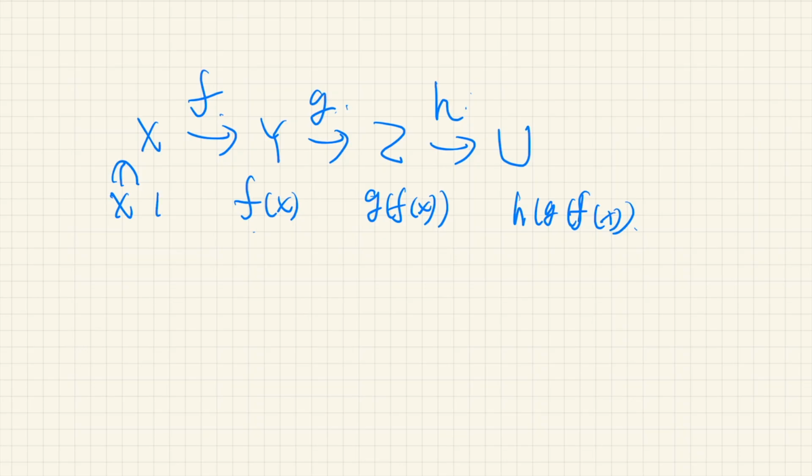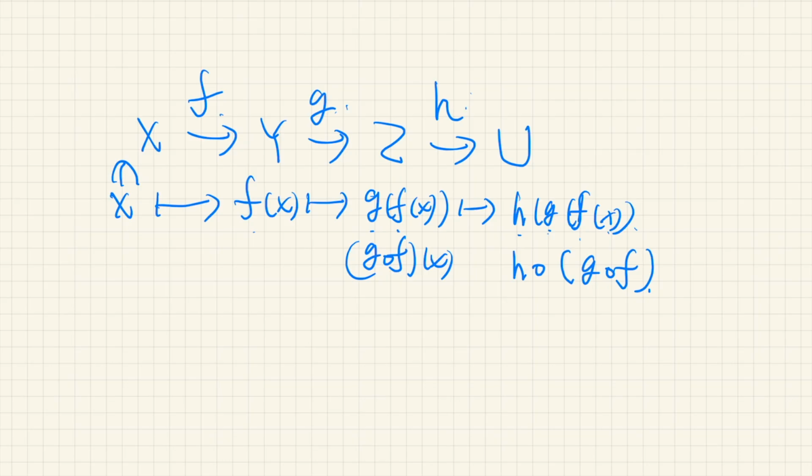So what we did is we mapped this element x to f of x to g of f of x to h of g of f of x. So first we composed g after f, and then to that we applied h after g after f. So this is g after f of x, and this is h after g after f. So this is one way to compose. But there is another way to compose.